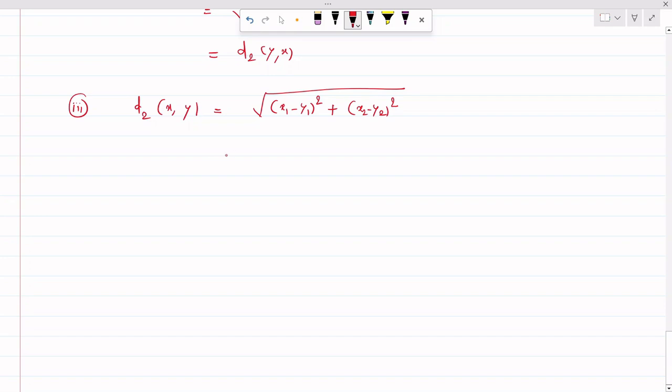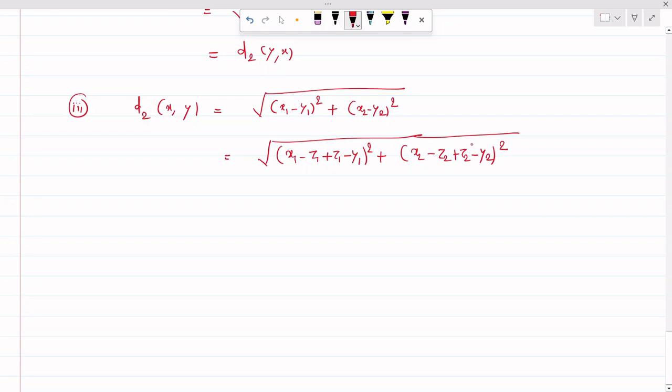Now I can insert a new point z1 z2, that is z, in this square root like this. So z1 will be inserted in the first position: (x1 minus z1 plus z1 minus y1) square plus (x2 minus z2 plus z2 minus y2) square.